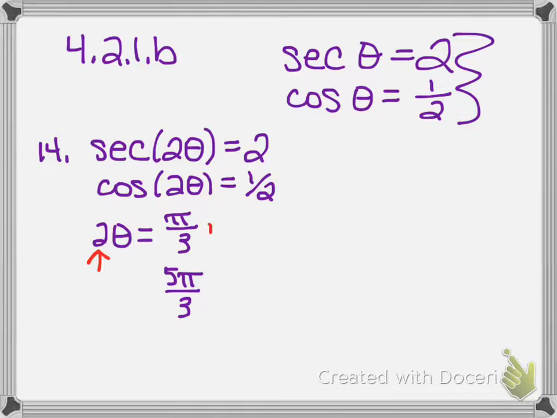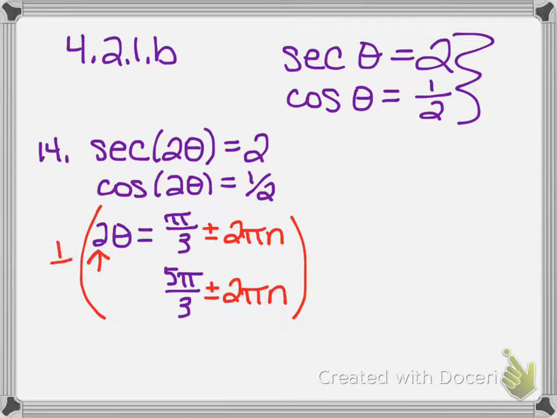And so we will need to write these 2 answers in general solution form, because our last step is going to be to get rid of that 2, which means we're going to multiply through by 1/2. And multiplying through by that 1/2 will not just impact these 2 initial answers. It will impact the period length between answers, or the frequency with which we generate answers.